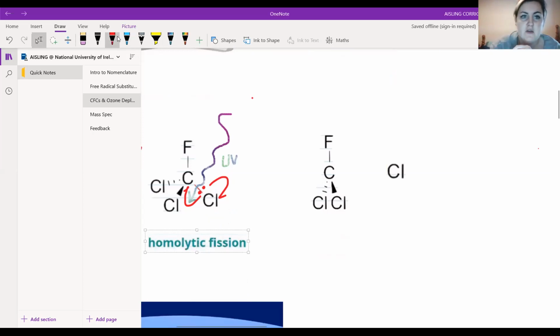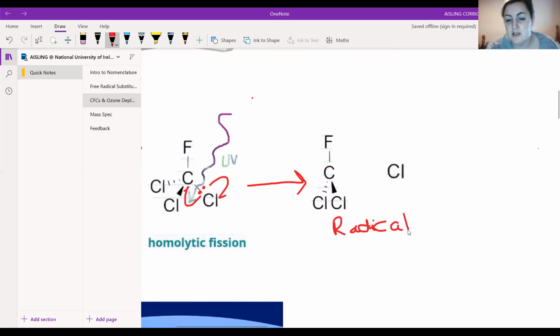After that, it's split up and we form a very reactive species called radicals. We form two radicals here. Radicals are very, very reactive because of the unpaired electron they now possess. That unpaired electron is always represented by a dot. Radical here, radical here. Aha, we meet again, chlorine radical.